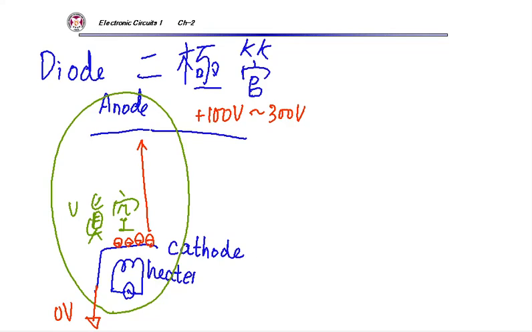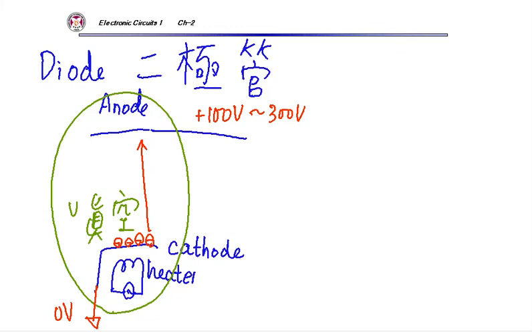So there is a current flow. If there is a negative voltage applied at the anode, electrons cannot reach the anode. Current doesn't flow. That's a diode, vacuum tube.